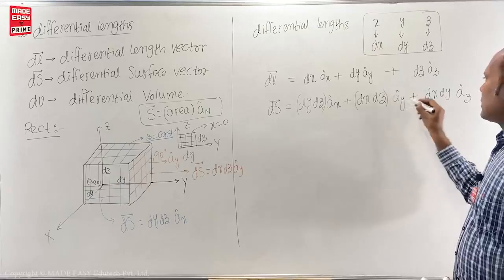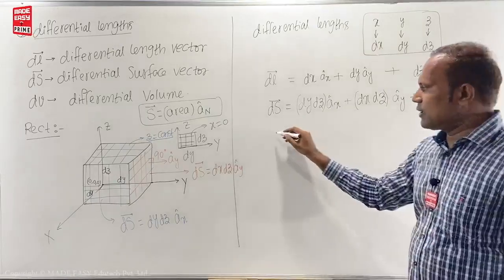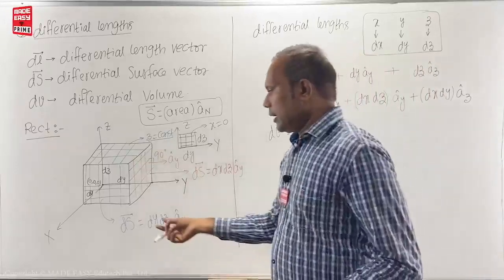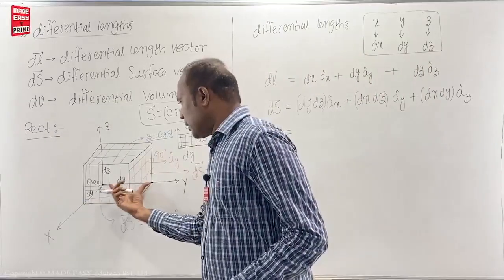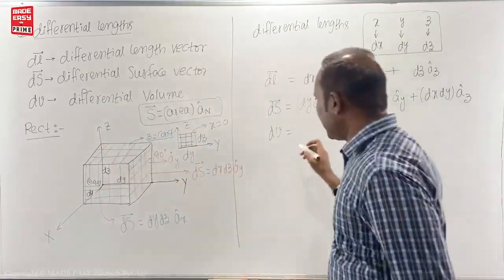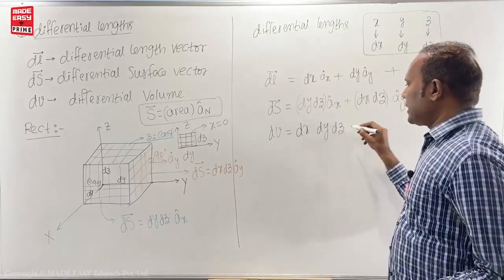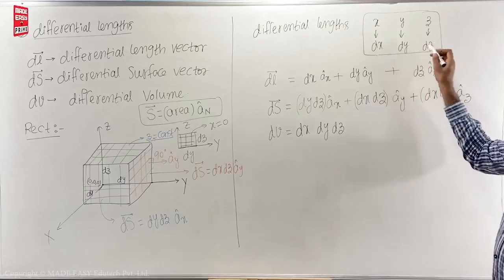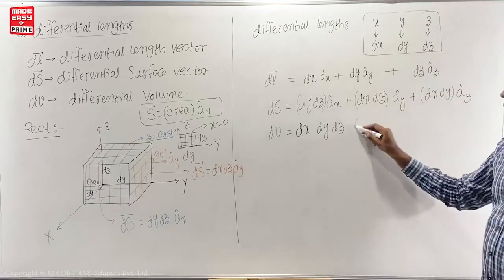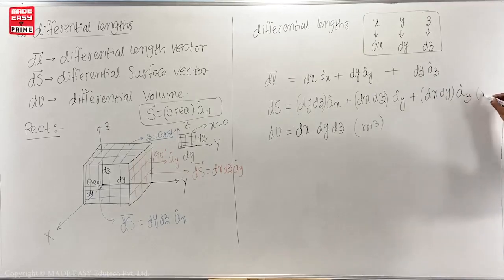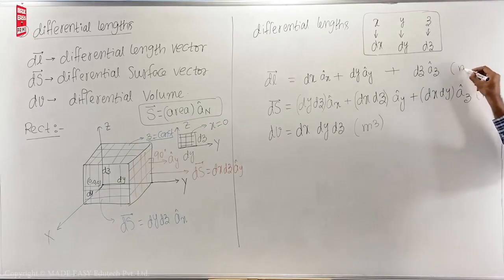Then how do you get the volume equation? Differential volume equation, small volume equation. So here, small length multiplied with small width multiplied with small height. So dx multiplied with dy multiplied with dz. So simply you multiply all differential lengths, you get a differential volume equation. So it is meter cube, it is meter square, and it is meter.